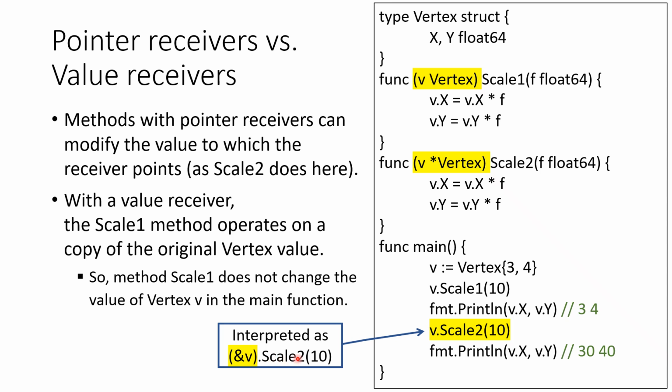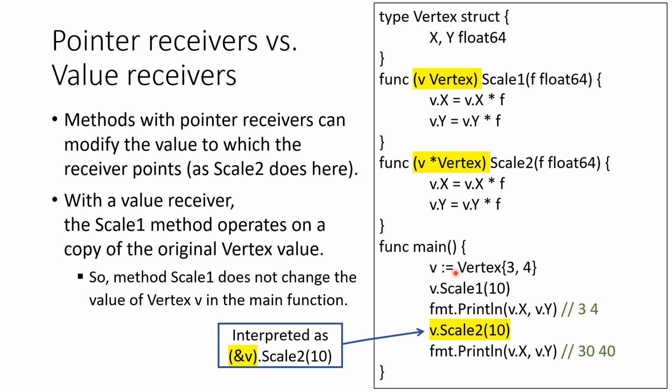Since method scale2 has a pointer receiver, we display these values of v.x and v.y after the call and see that those values have changed from 3 and 4 to 30 and 40. The scale2 method must have a pointer receiver to change the vertex value declared in the main function.